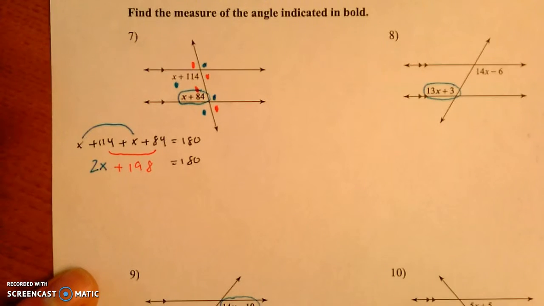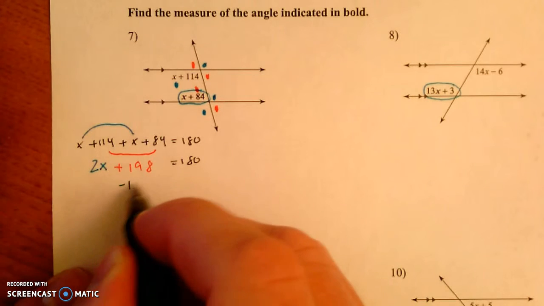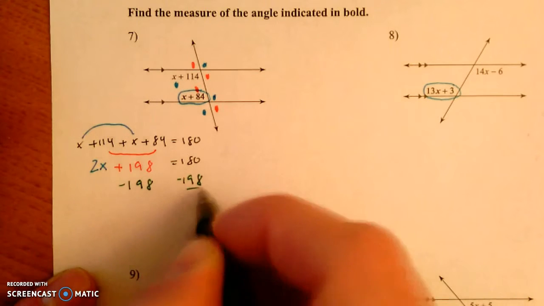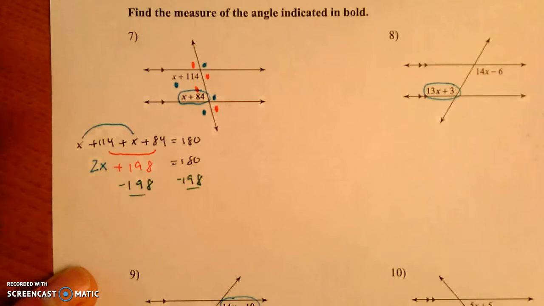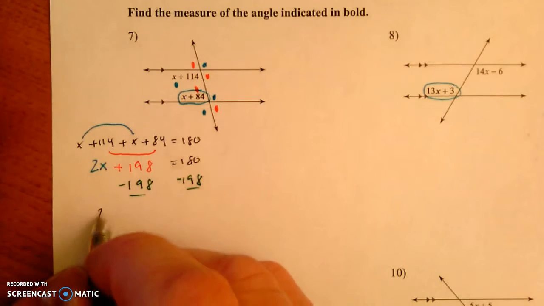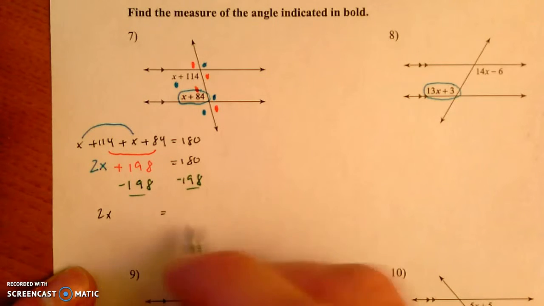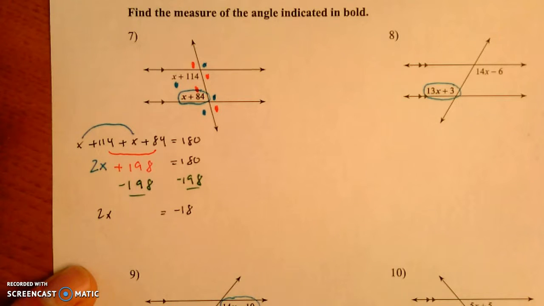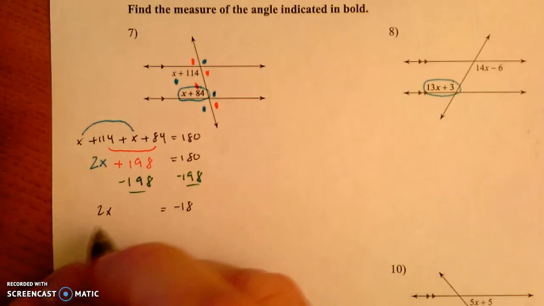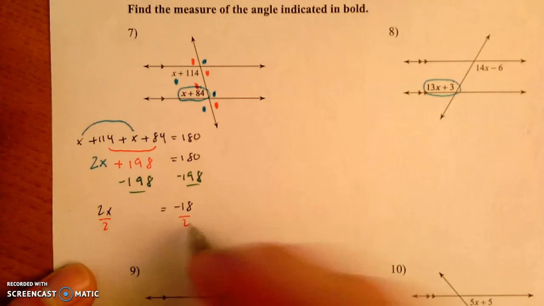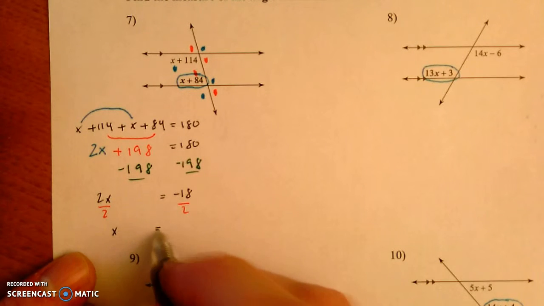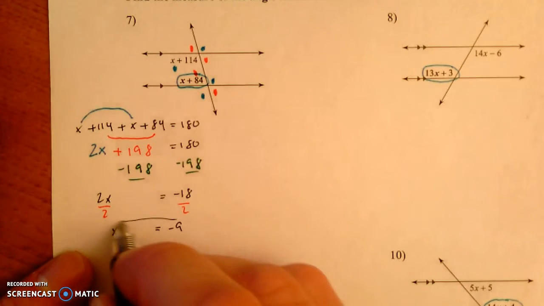So first thing I'm going to do is subtract 198 from each side. And that's going to leave me with 2x equals negative 18. And then I'm going to divide by 2 on both sides. And we get x equals negative 9.